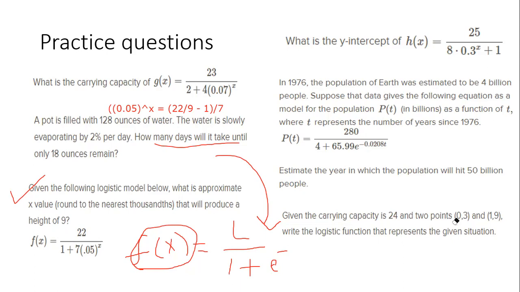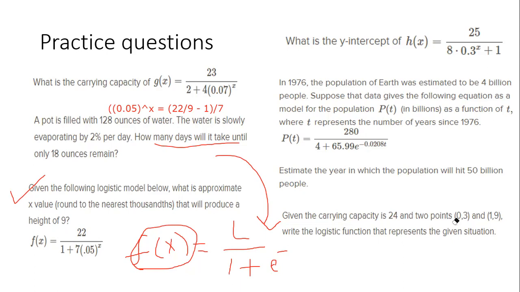We take ln. Yes. Ln of e is just 1, right? So 2k equals to 7. So in this case, k equals to 3.5. But we need to try it out with the other one as well. 1,9. I don't know what will happen with respect to that. Yes, yes, okay, ln 7/2, he is saying it right. I don't know whether it's going to give me the same result.